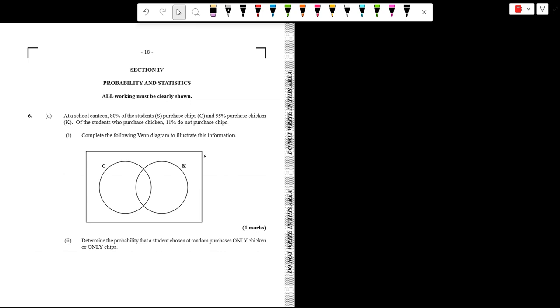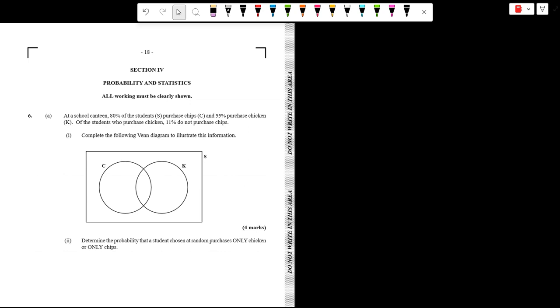Now part 2 has P of A, and that looks like a vertical slash B. Now how do we interpret this? P of A slash B. Now this is read the probability of A occurring given B has already occurred, right?